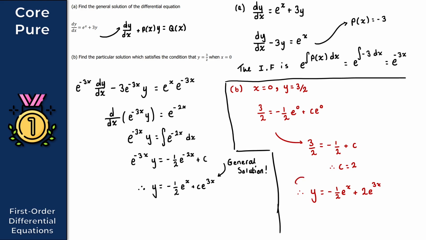Okay, and there we have it. So this is the solution here then for part B. So this is what you need to obtain for part B. This here is the solution to part A. And that gives us the solution here then to this one practice question for this video. And that actually brings the end then of this video here on first order differential equations.